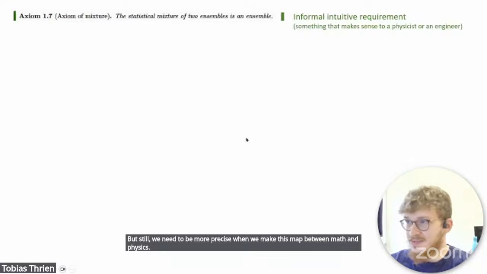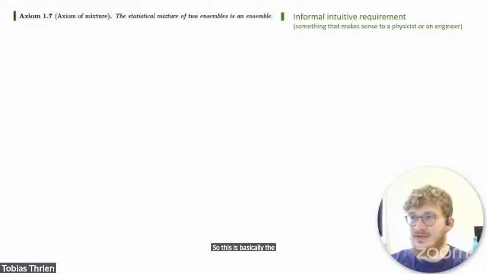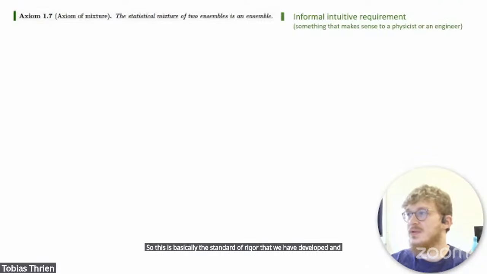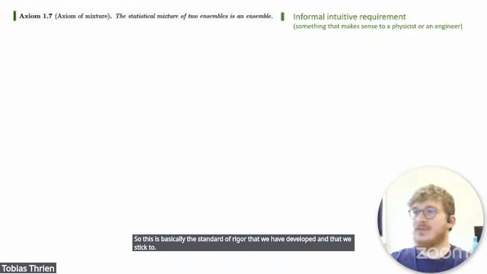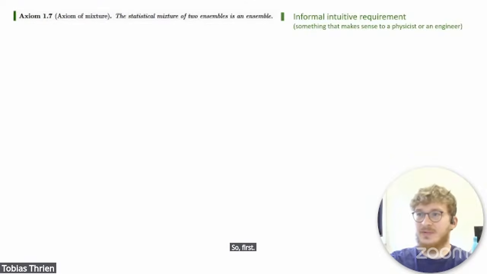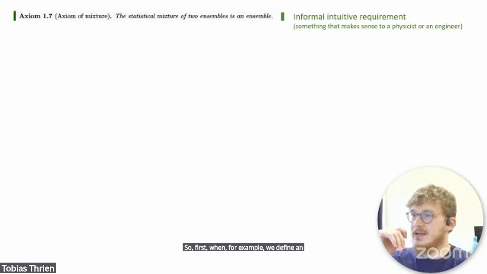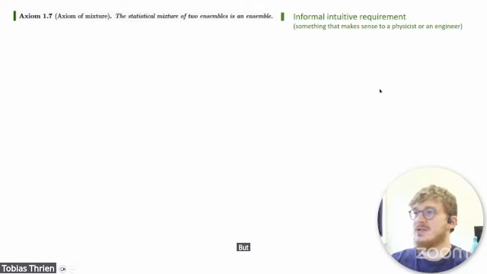So this is basically the standard of rigor that we have developed and that we stick to. First, when for example we define an axiom, this is an example, the axiom of mixture. We will see that again later. How we start is with an informal, intuitive requirement.